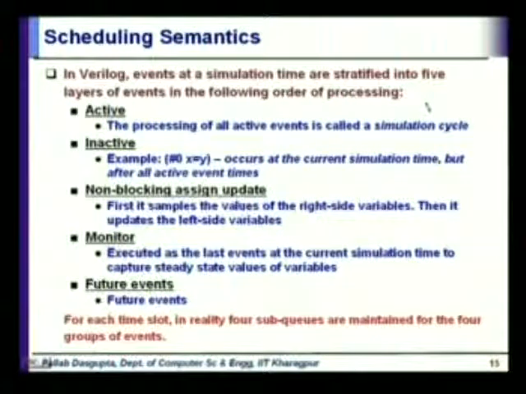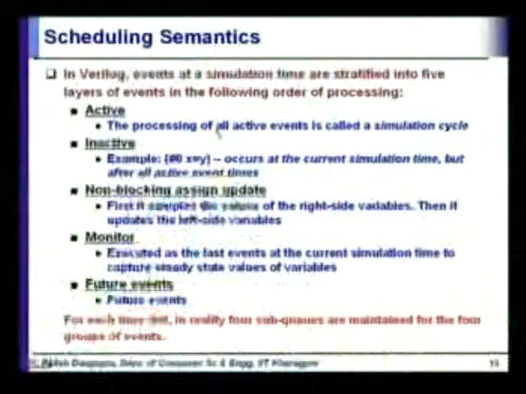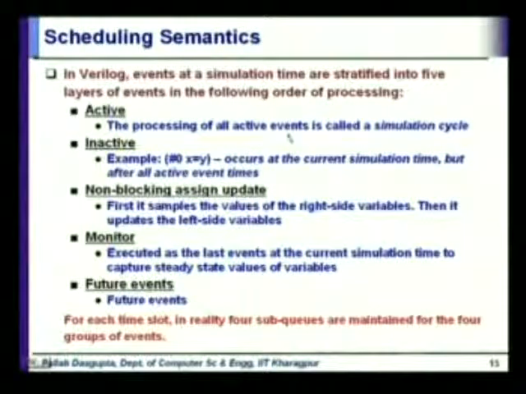In a pure cycle based simulation, our simulation can take place only at the clock boundaries. At every clock change, we do the simulation, right. That is cycle based simulation. For event driven simulation, the simulation cycle is the cycle in which all active events are processed.